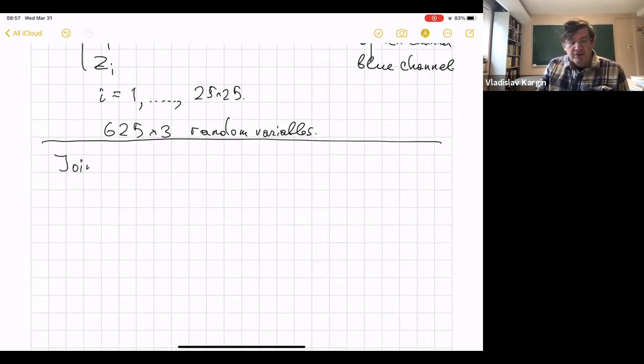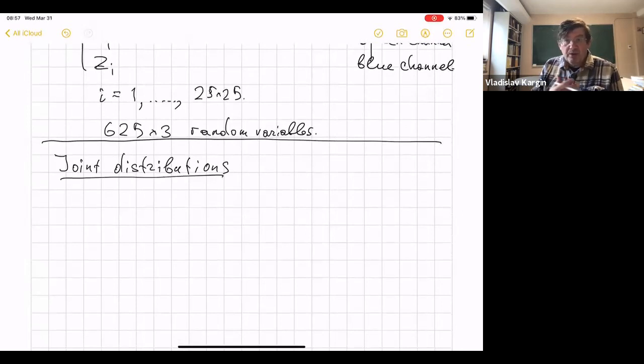Okay, so the basic is joint distributions. Right, and so we start with very simple things. First of all, we assume that we have just two random variables. In principle, it can be many more, but the basic ideas will be the same as for two random variables. So assume two random variables.